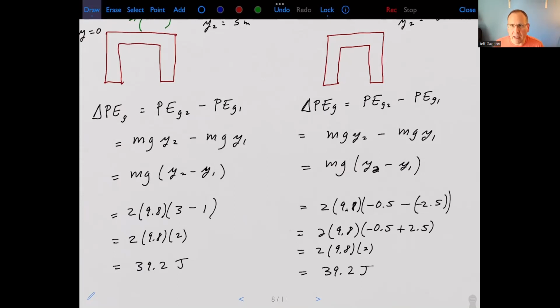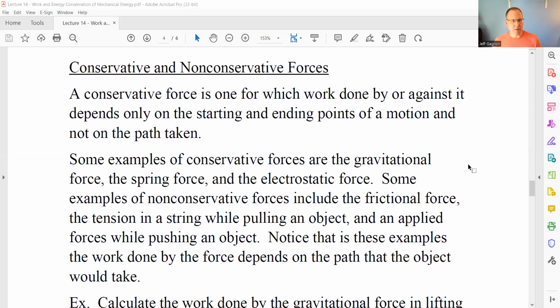Let me go back to the handout for a second here. Okay, so now I want to go off on a slight tangent and describe the difference between what a conservative force is and a non-conservative force is. The reason why I'm doing this is it turns out the work done by conservative forces is going to be related to the change in potential energy, in our case, the change in gravitational potential energy.